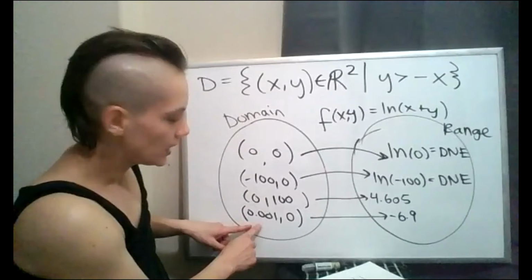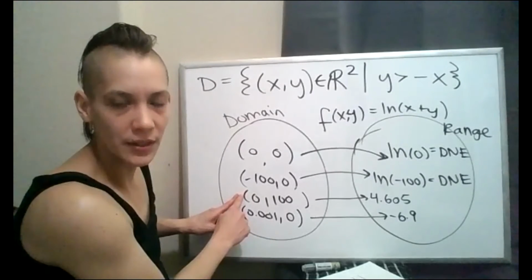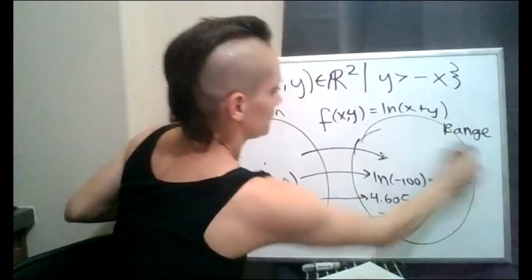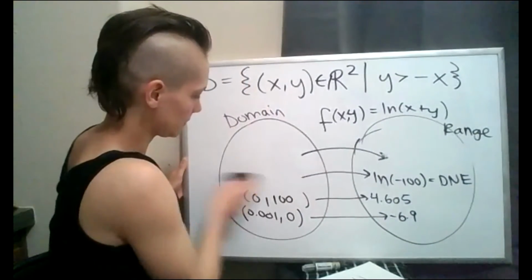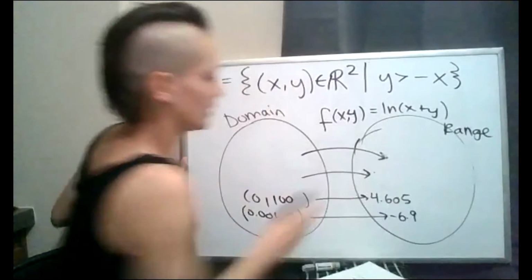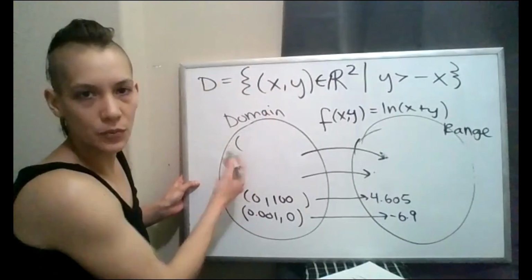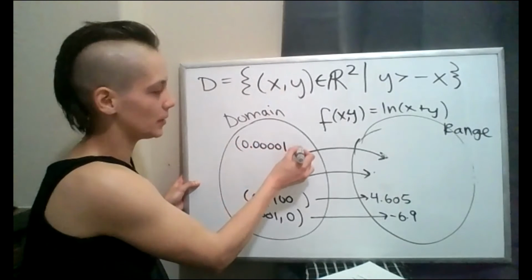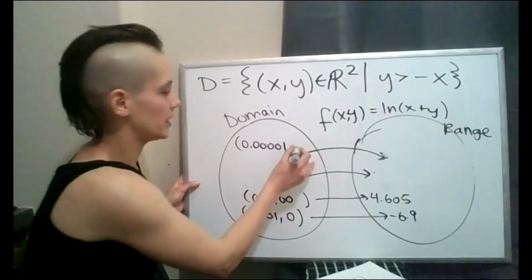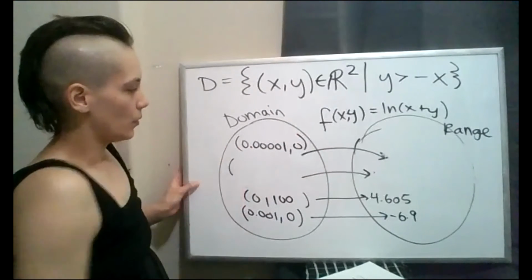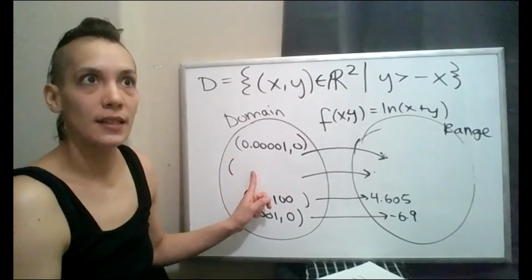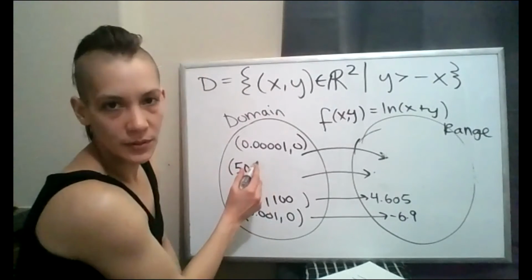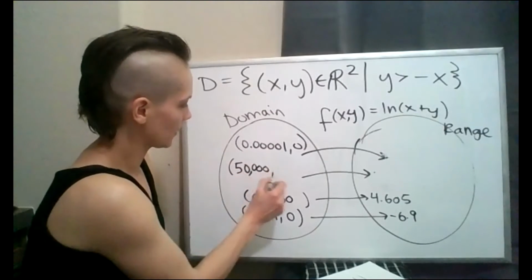Let's go even smaller and also a little bit bigger for x or y. I don't think it matters which one is which. X could be 0.00001, comma, let's just put 0. Or let's go with 50,000, comma 0.